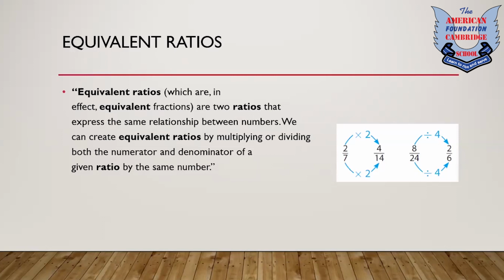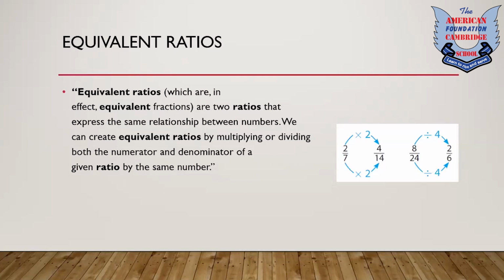How come? Because both the numerator and the denominator are multiplied by the same number. When it is multiplied by the same number to give a certain fraction or ratio, the original ratio and the new outcome are equivalent ratios.